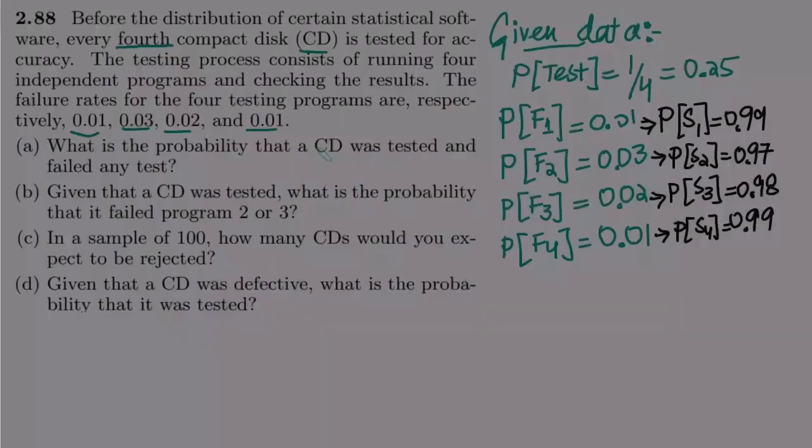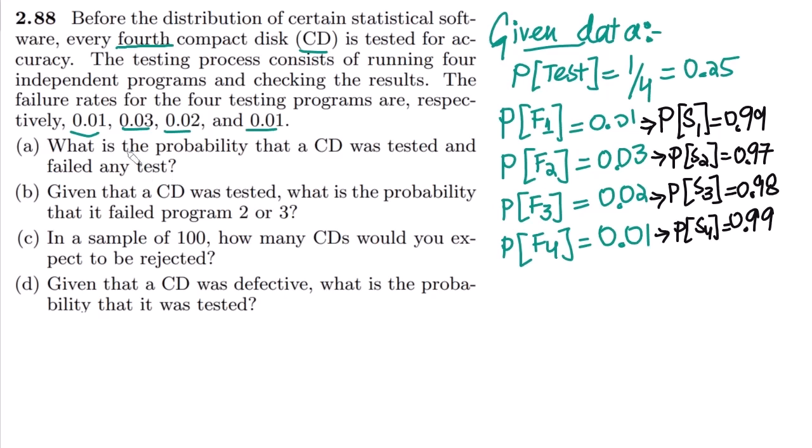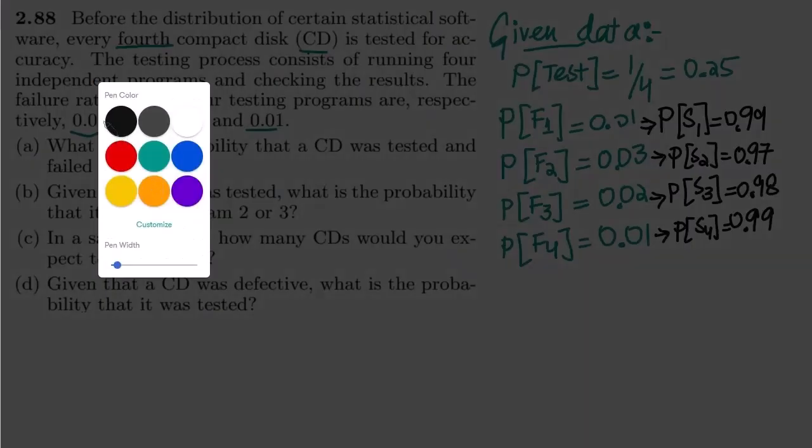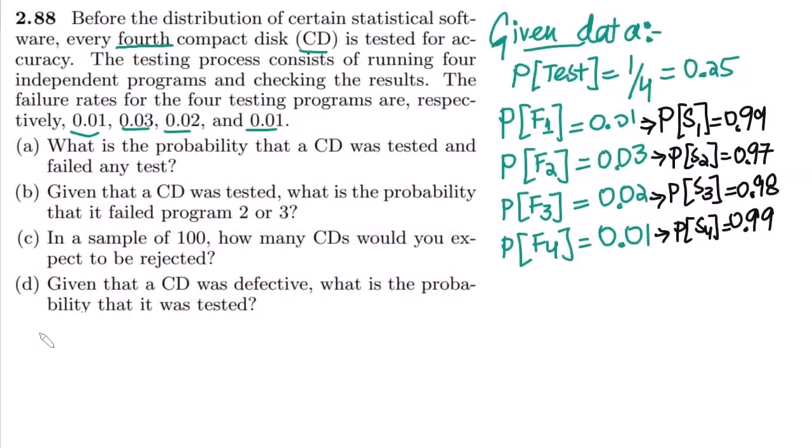On the basis of all this data, what do we have to find out? We have to find out the probability that a CD was tested and failed any test. Okay, so let me solve this question. So this is the solution, and in solving part A of our question, we have to find the probability that the CD was tested and failed any test.